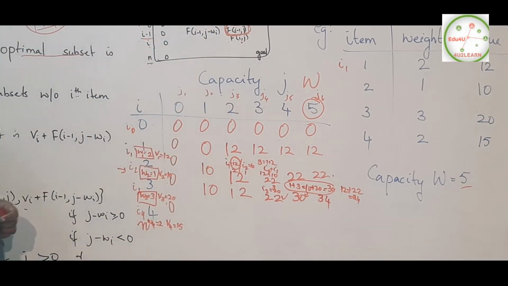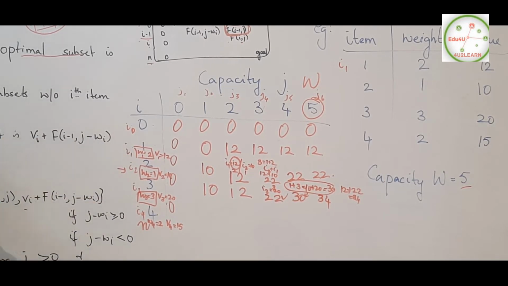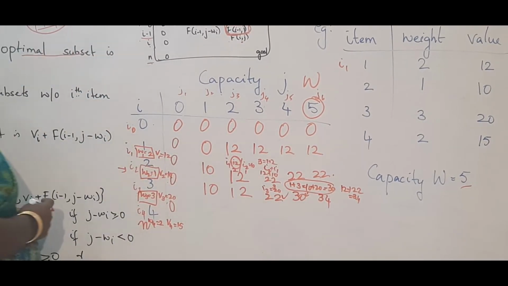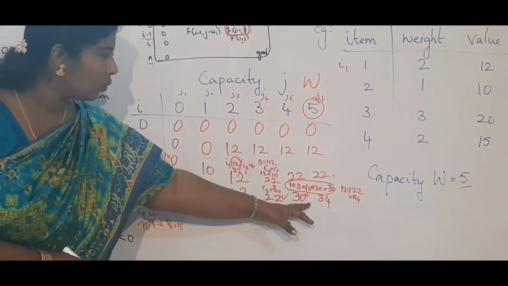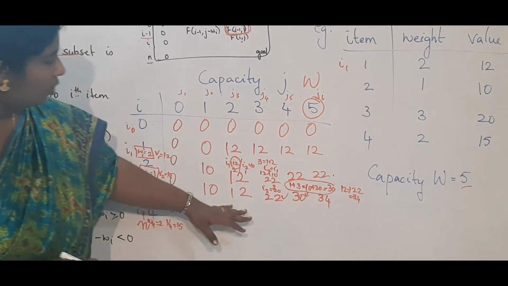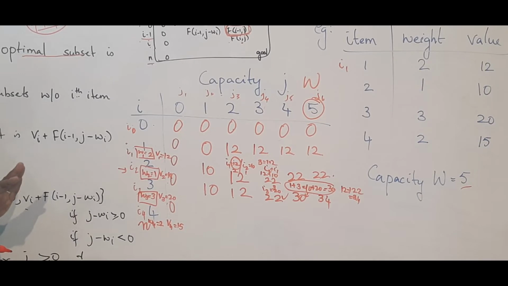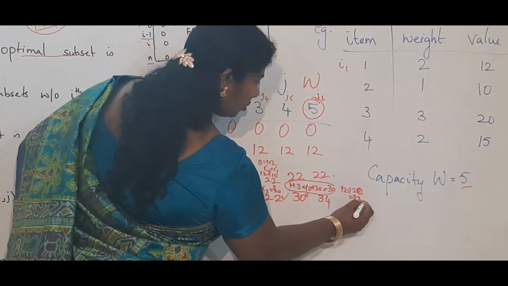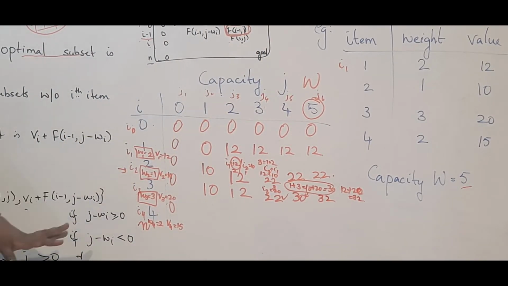So at the end of the fourth iteration, having done the first, second and third one, we have found this is the most optimal solution. If these weights are added, with a combination of 2 and 3, we get a solution of 32.